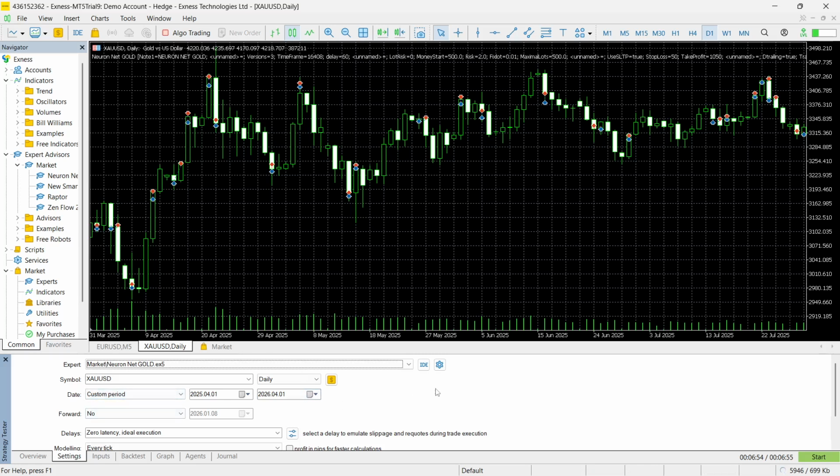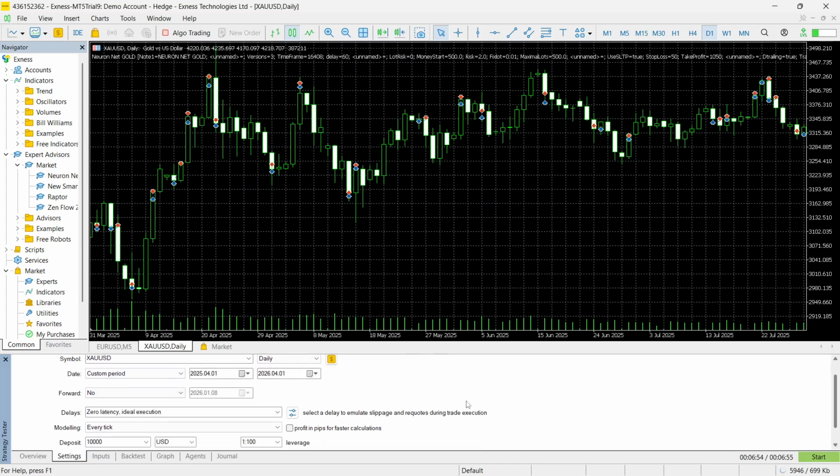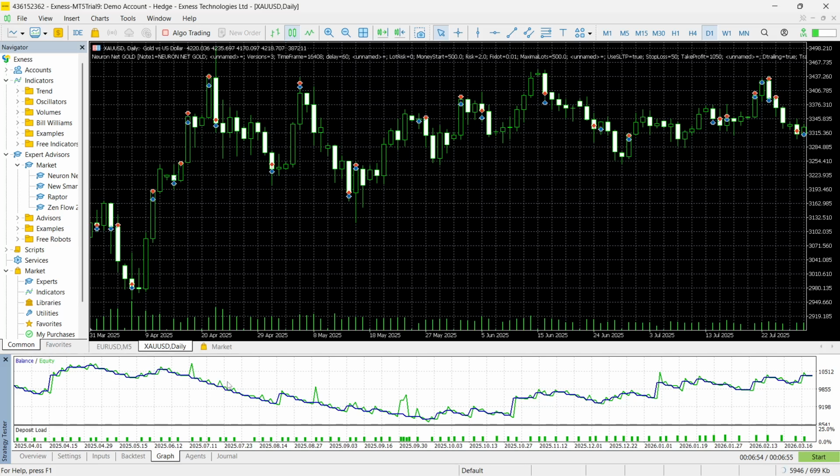Over the period, my backtest was on a 10K account, and looking at the equity curve, it's been quite choppy, quite different from what we had on the website. A strong start followed by a long drawdown period through mid-2025 with multiple dips and recoveries, ending modestly higher. Deposit loads show fairly consistent but not extreme activity within a single position directional style.